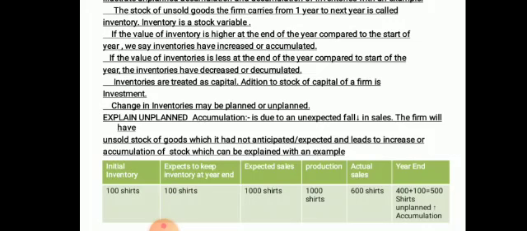So there is unplanned accumulation of how many shirts now? 400 shirts. It had expected to keep 100 shirts at the end, but unexpectedly there is a total of 500 shirts. So accumulation is how much? 400 shirts. I hope you are understanding this, students.